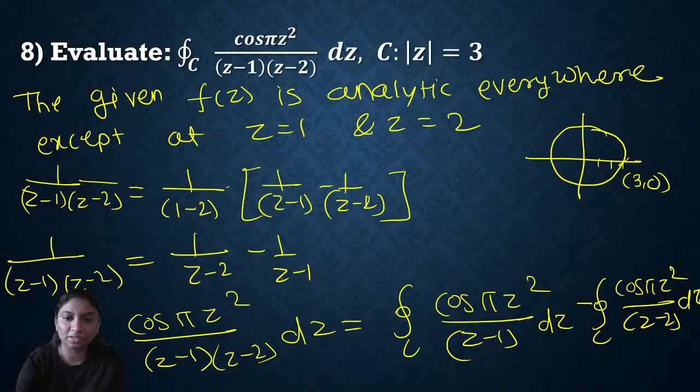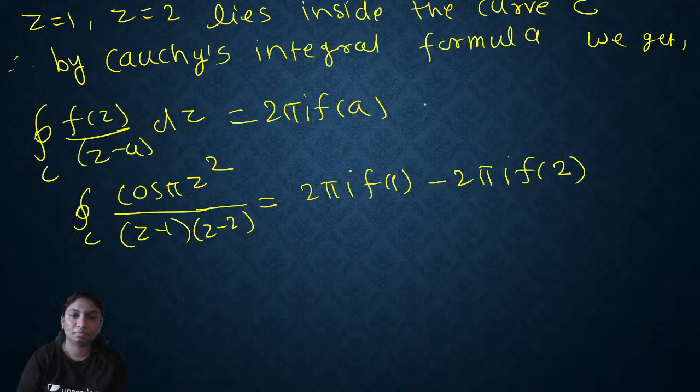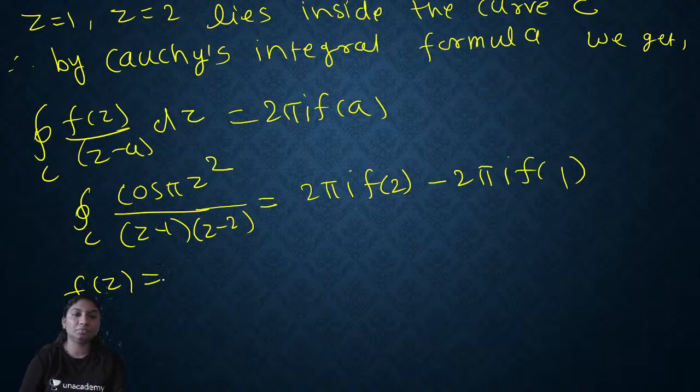Here is 2 and here is 1, into 2 into 1, right? So here f of z is equal to cos pi z square.